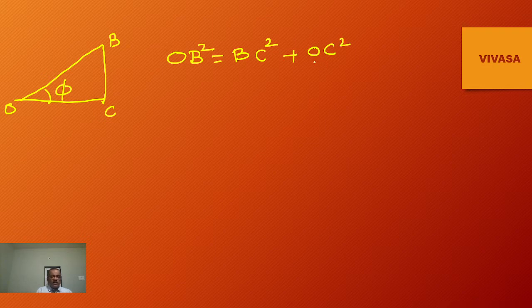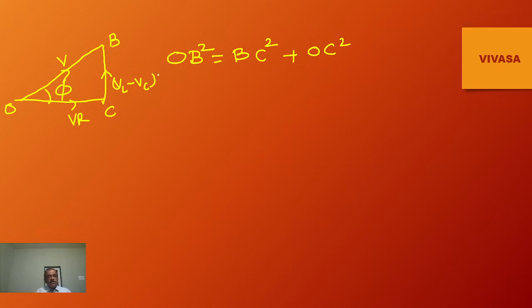You have seen this figure also. This value is V, this is VR, and this value is VL minus VC.